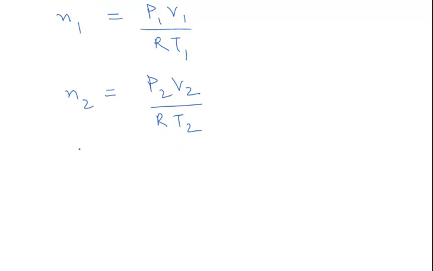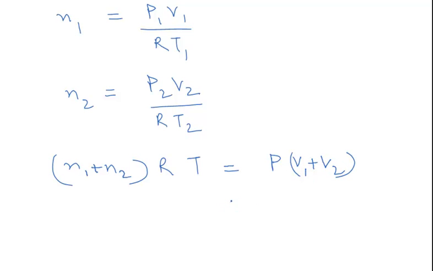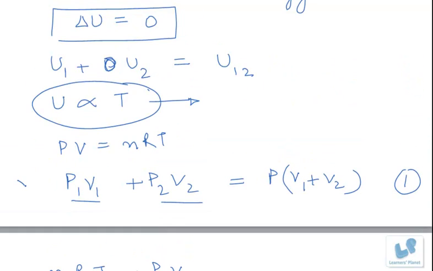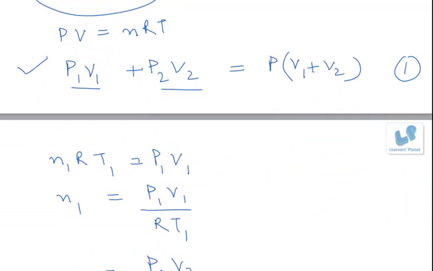Now the final temperature will be given by T, and the ideal gas equation for the combination can be written as N1 plus N2 times RT. Now this is the common temperature, equal to common pressure P and total volume V1 plus V2. Now P times V1 plus V2 can be replaced by P1 V1 plus P2 V2.